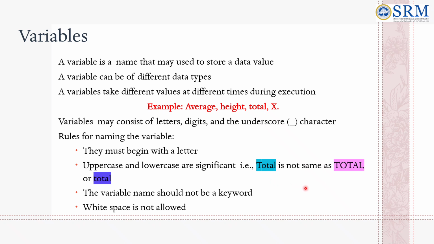This is completely different from the second one, which has all uppercase letters, and again this is completely different from the third total, which is all in lowercase. So here are 3 variables, and they are completely different. The variable name should not be a keyword, and variables should not include white spaces. Instead, you can have an underscore.